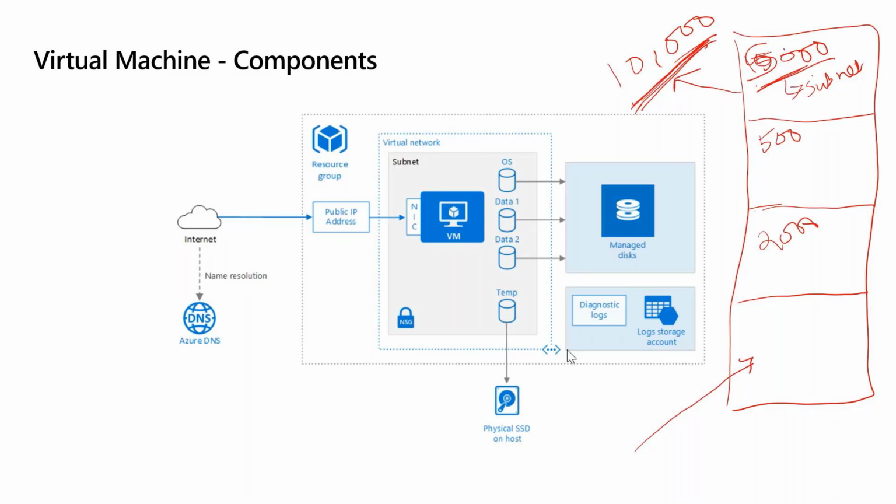So always plan the IP address space. How many you want, and what is the address space. You want to start with 10.0.0.0, or maybe 10.1.0.0. You'll have to decide this address space upfront. Within it, if we need 10,000, you cannot just put 5,000 for this.